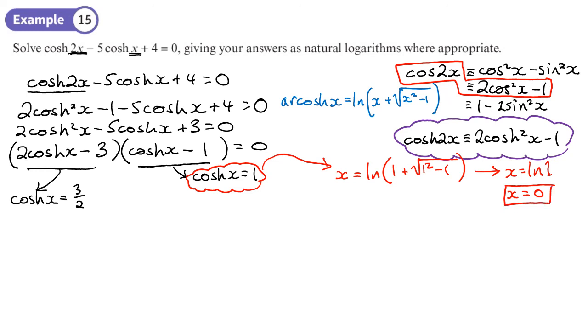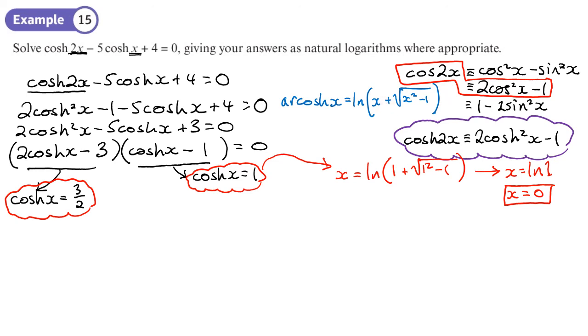Now let's have a look at this one here. When we did our definition for cosh and went through it, we actually had a plus and minus here to start with, and then we took the minus away because we said that causes a problem, because the graph of arc cosh doesn't go below the axis.